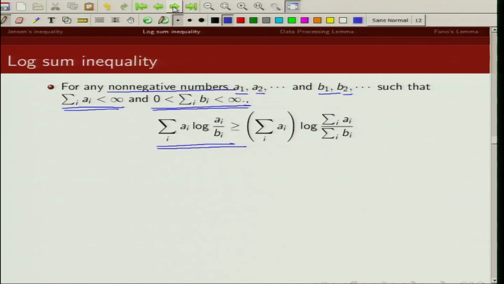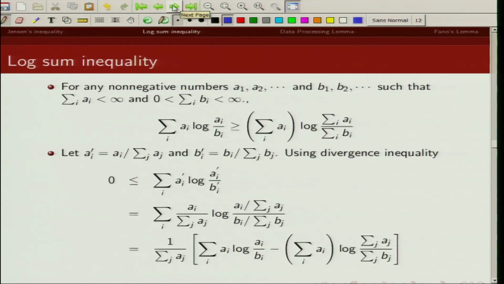Now let us prove this. So let us consider ai dash, which is ai by summation of this ais, and bi dash, which is bi by summation of these bis. Now let us find divergence between ai dash and bi dash. Now what do we know about divergence between two density functions? Basically we know the divergence is greater than or equal to 0.